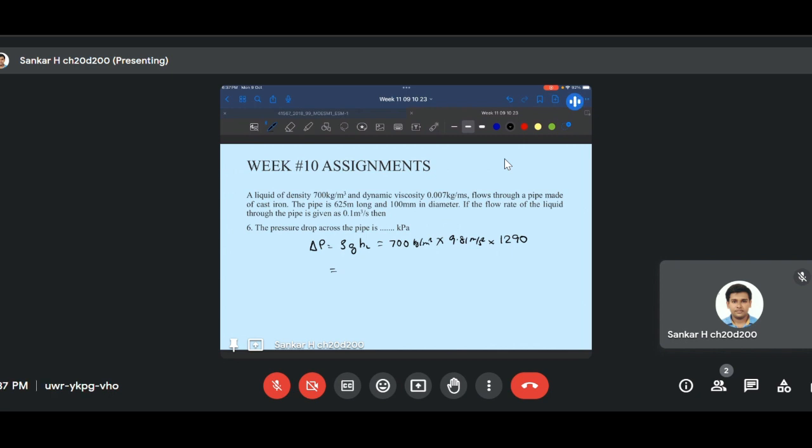Which would come out to a value of 8862267 Pascal, which is 8862.27 kilopascal.